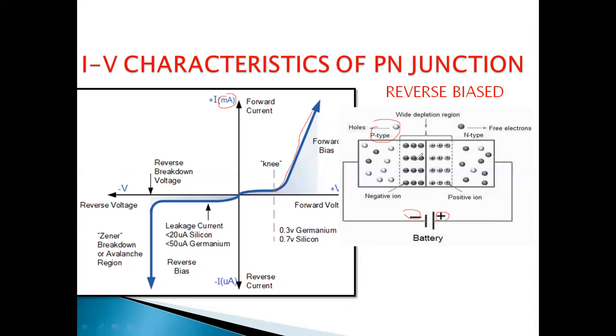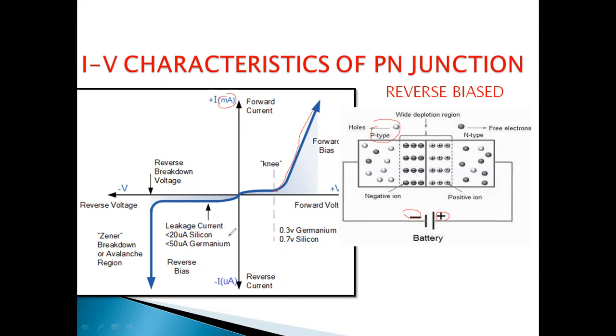Now in this case, the depletion layer width increases. If your depletion layer width increases, it means barrier strength increases. That means you need to apply more and more negative voltage to get a minimum value of current. That's what we are observing for the reverse bias case in the third quadrant, that is, in the negative direction.